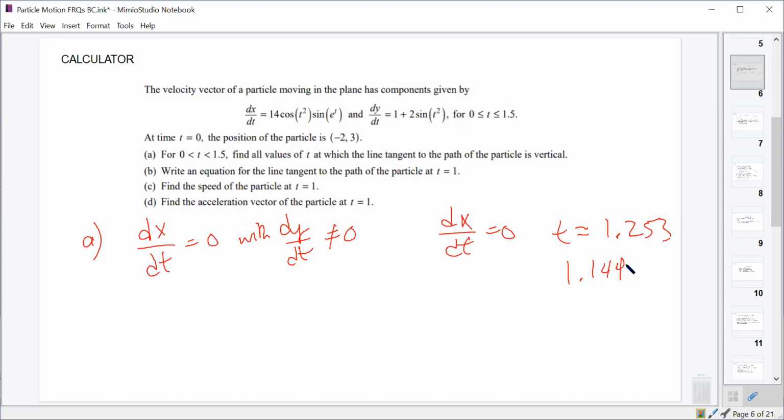Yeah, you're right. So the scoring guidelines say sets dx/dy equal to 0, but this would give you full points also. It's just like flipping it around to make it equal. Correct. It specifically says in the scoring guidelines it's vertical when x prime equals 0 and y prime does not equal 0.